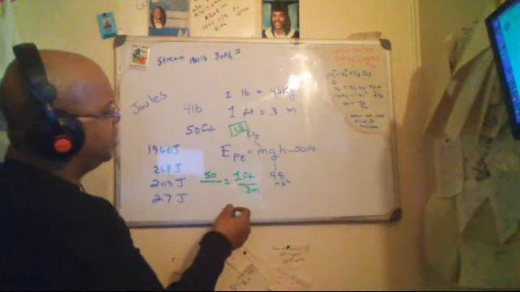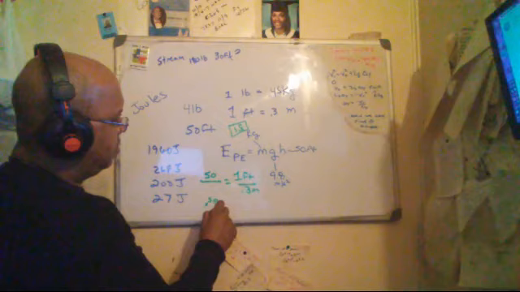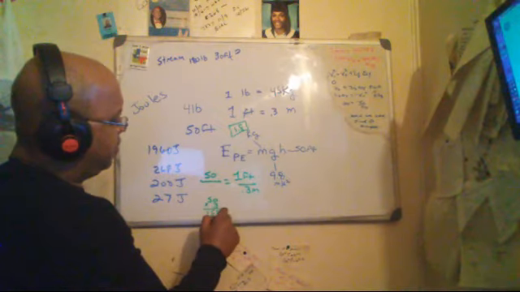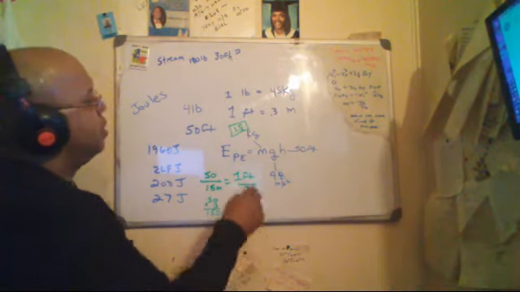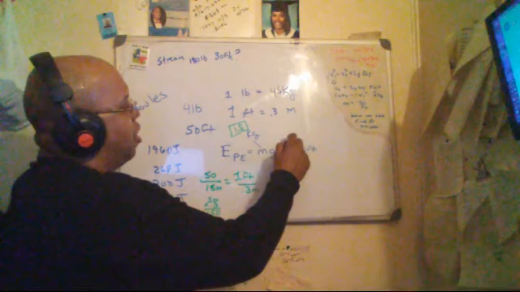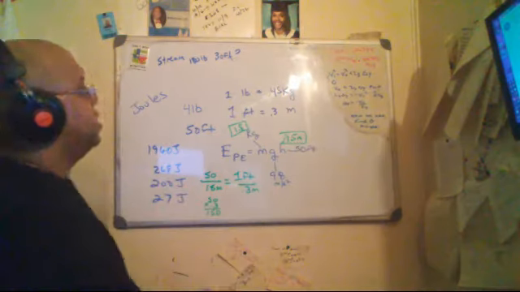So 50 times 0.3 is 150, 15 meters. So our height is going to be 15 meters.